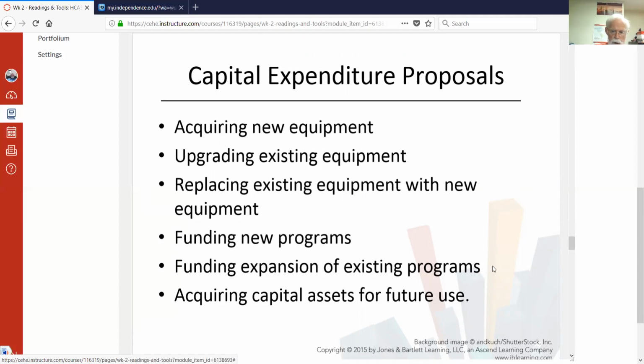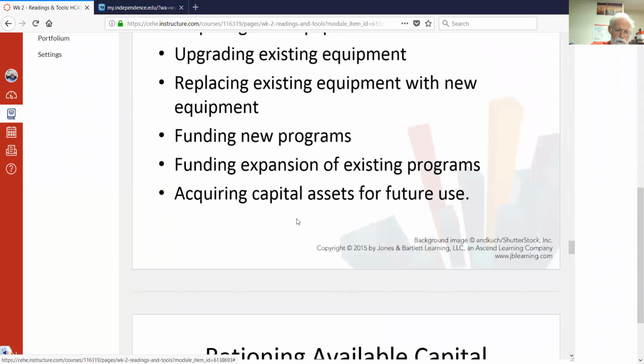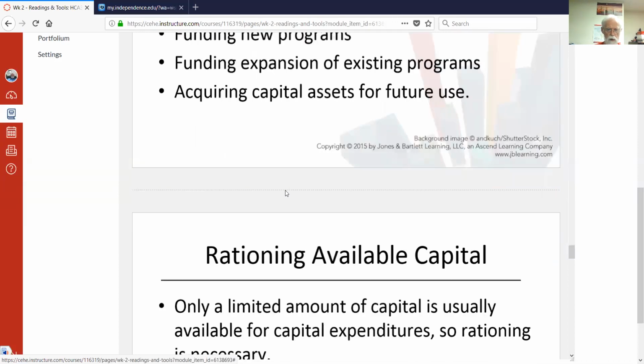An expansion of existing programs, or thinking into the future, thinking, well, we believe from our demographics and everything else that we are going to need to expand our facility in the future. So we may want to acquire assets today that are going to be useful in the future. This is a much more abstract exercise.